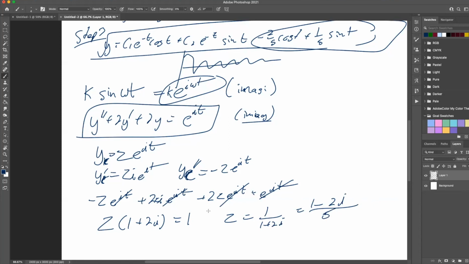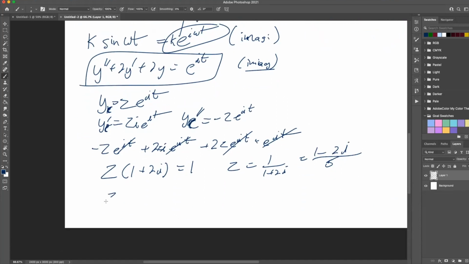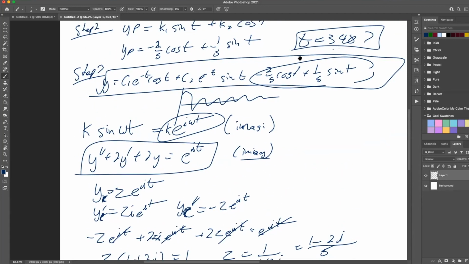So that's what z is, and so my complex solution is the following. y complex is equal to (1 minus 2i) over 5 times e to the it. And notice that this answer gives us this answer here.